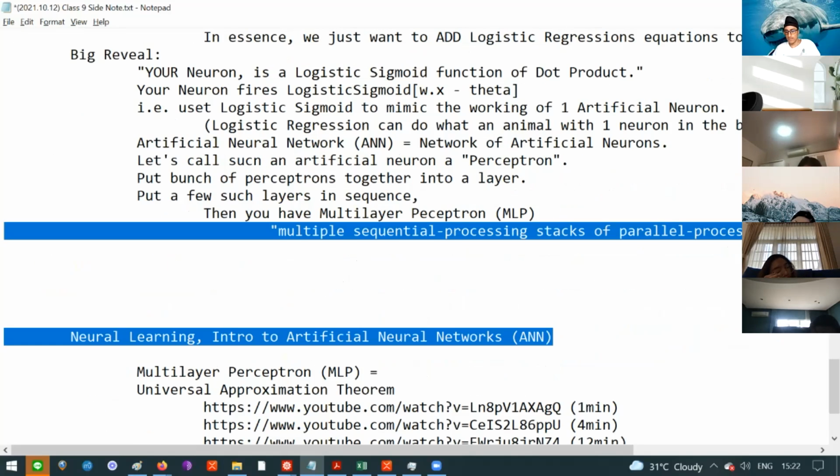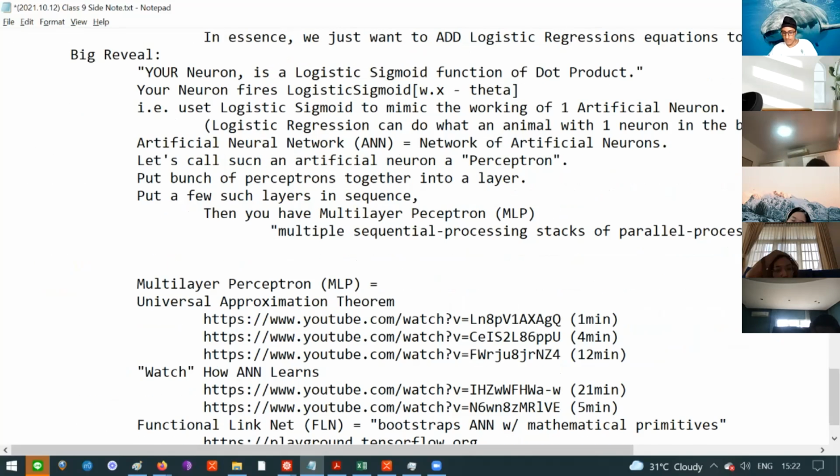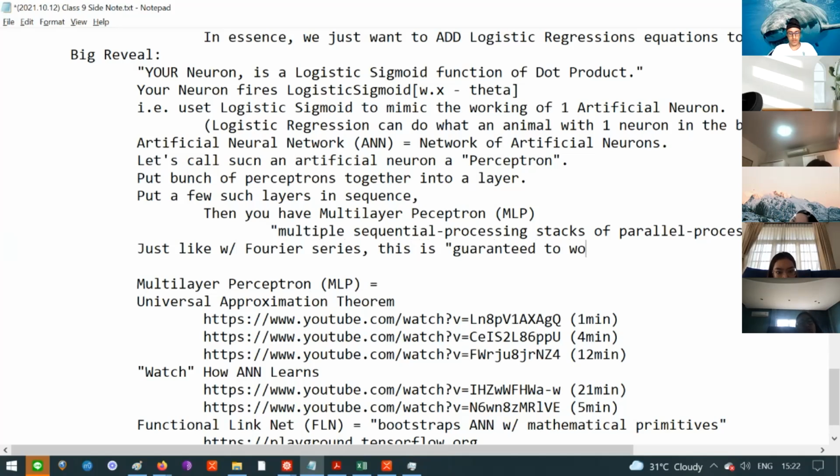Now, why does this work? Just like with Fourier series, this is quote unquote guaranteed to work.